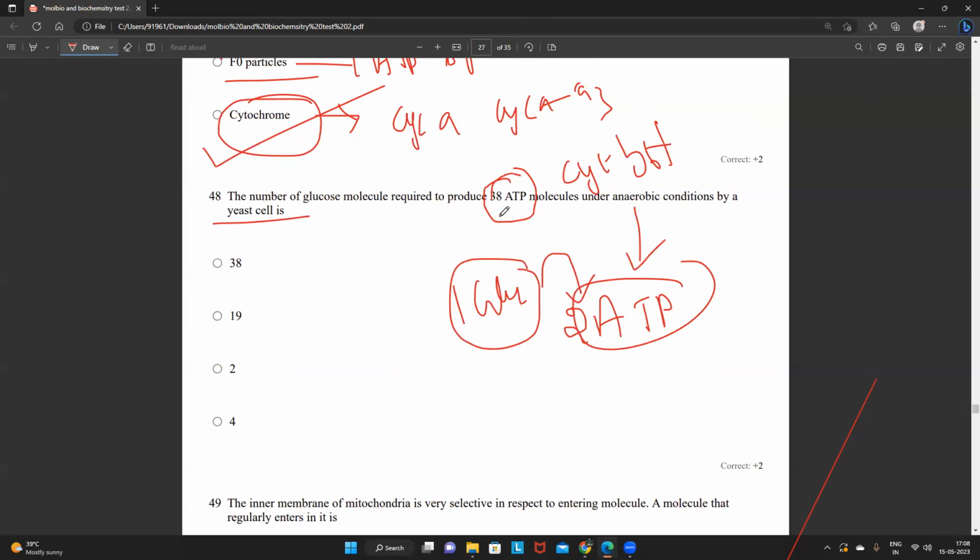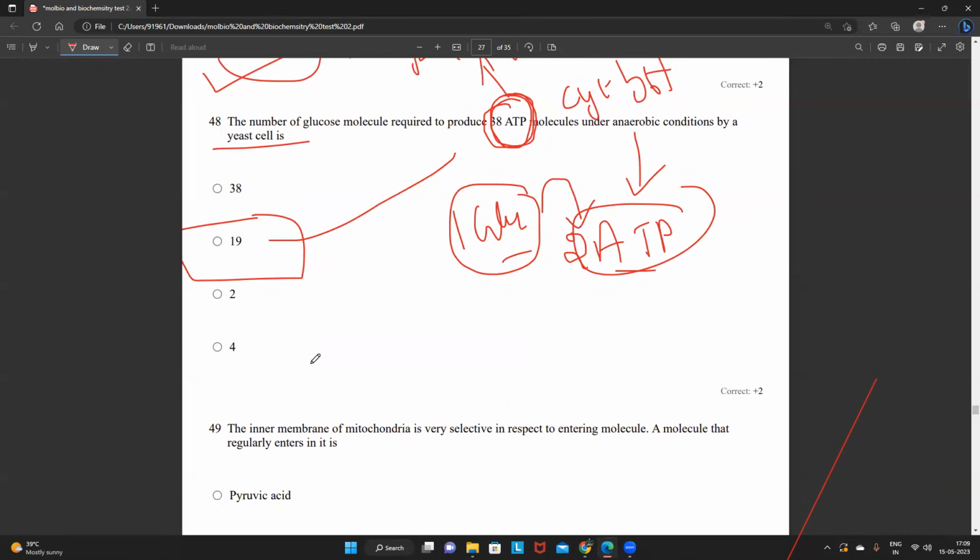But the question asked is, sorry, how many glucose molecules are required to produce 30 ATP? 30 divided by 2 means you require 15 glucoses. Every student remember my words. Anaerobic respiration, we get only 2 molecules of ATP.